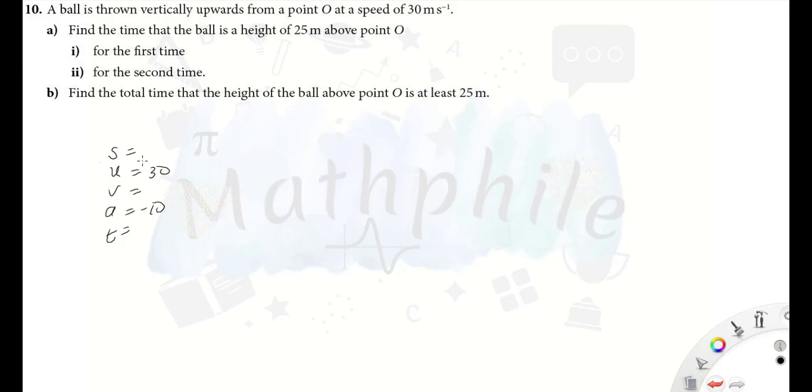We are finding the time 5 meters above, using v equals u plus at. If I use v equals u plus at, I'm not going to get the time to be 2. Right, so I use s equal to ut plus half at squared.